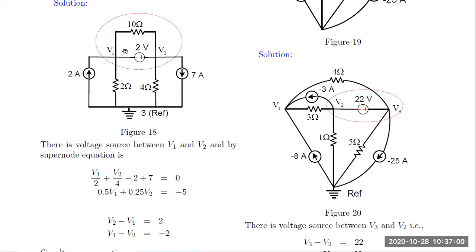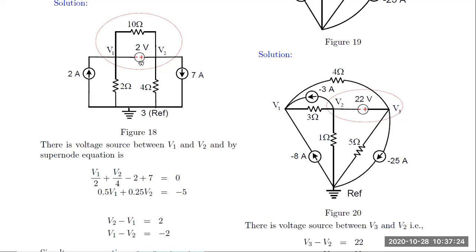Next, I have to write the supernode voltage equation. Between V1 and V2, there is a voltage source, so we check the polarity, like the direction of the mesh current in mesh or loop analysis.